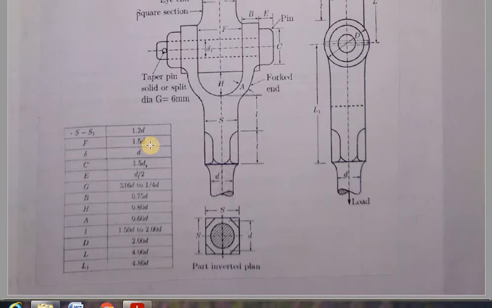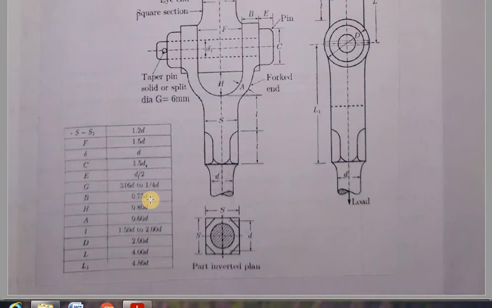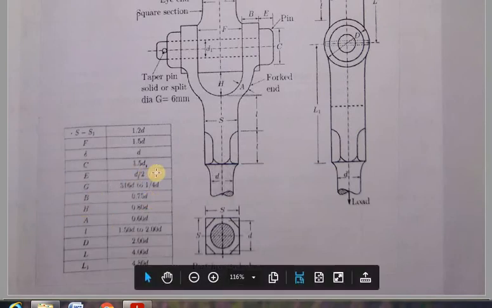Next we have the thickness of the fork end, which is given by B. Again in the proportion table, B is calculated as 0.75 times the diameter of the rod. So using this proportion table we can calculate the approximate dimensions of this knuckle joint.